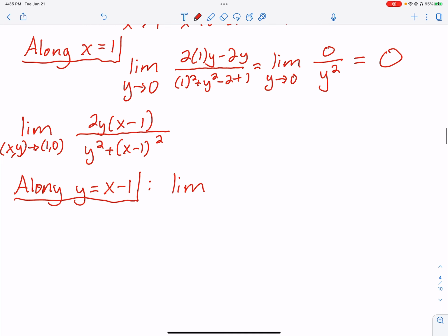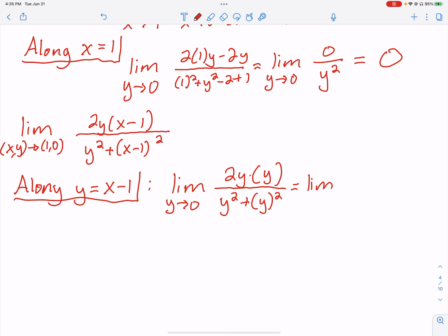So I'm going to replace first before I write down, okay, I got 2y, x minus 1 becomes y. And then I got y squared plus y squared. So the remaining variable is y, and y was going to 0. I waited till I put that y to make it more obvious for myself. The limit as y goes to 0.